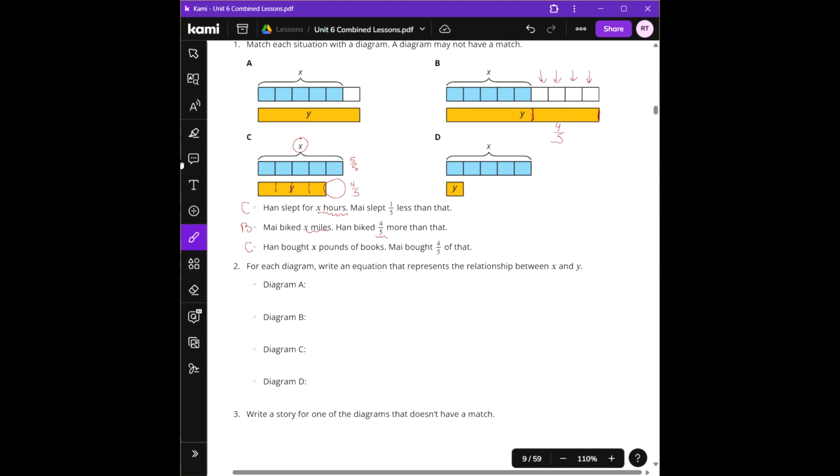All right, so the next one is, for each diagram, write an equation that represents the relationship between X and Y. So here we're going to say that Y is our dependent variable, and X is going to be our independent variable.